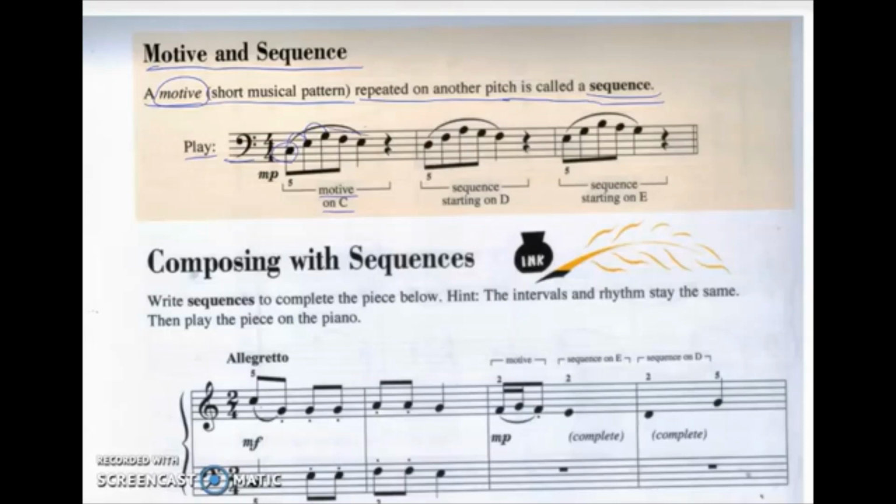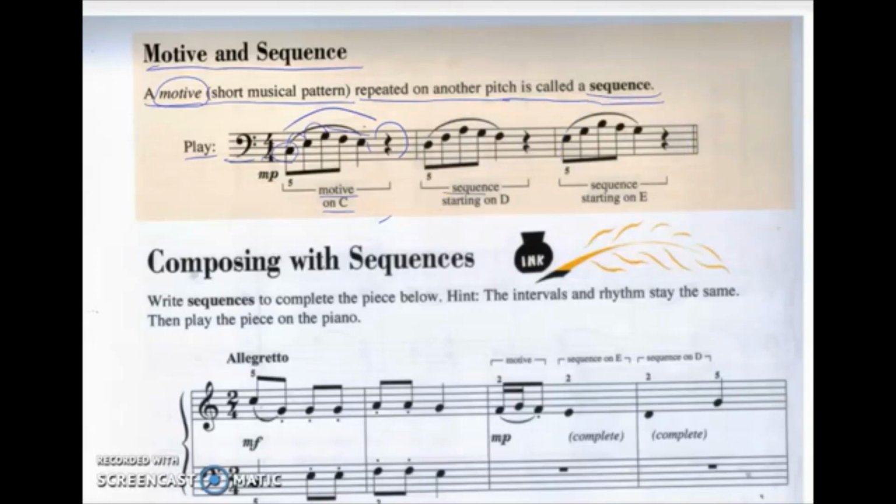G, F, E is stepping down. And notice the motive and sequence all have the same rhythm, right? So they must have all the same rhythm, and they all have the same structure.